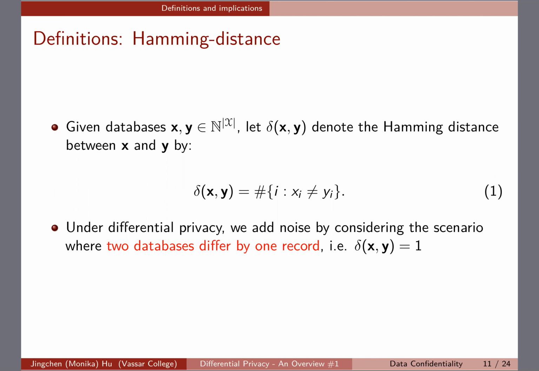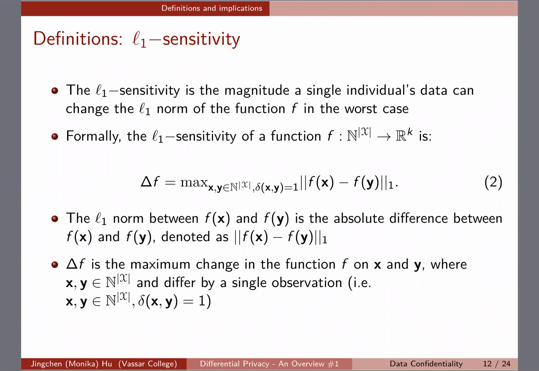So at the end of the day, we're hoping to show that if two databases only differ by one record, the noisy version of the output that you will see will be bounded in a sense that, from the data analyst's point of view, you won't be able to tell from the output that you get. And that is the way people think about differential privacy. And of course, Hamming distance is at the core of this assumption.